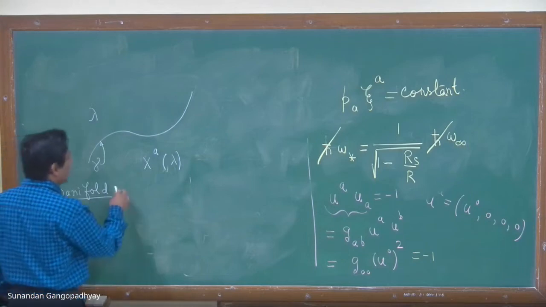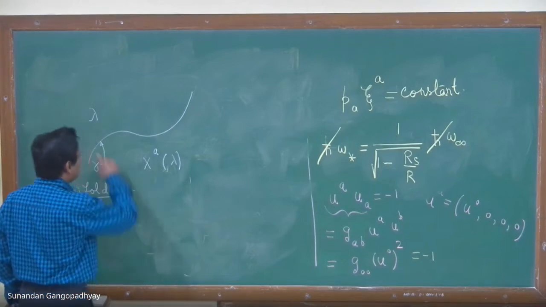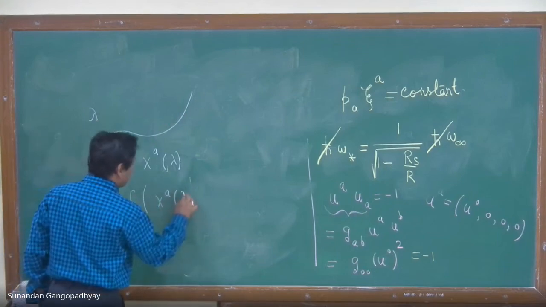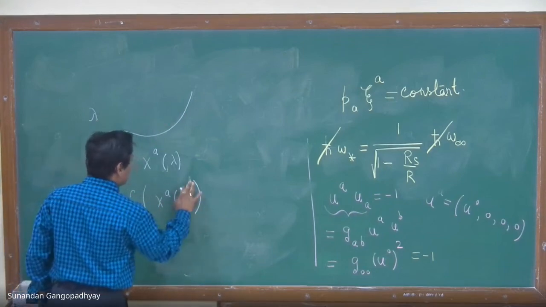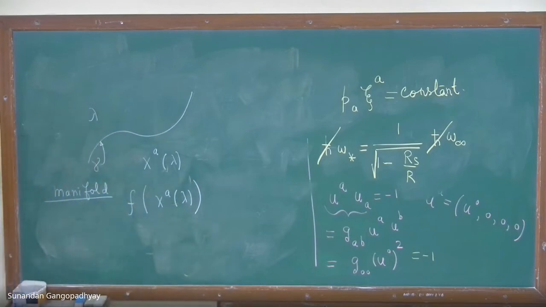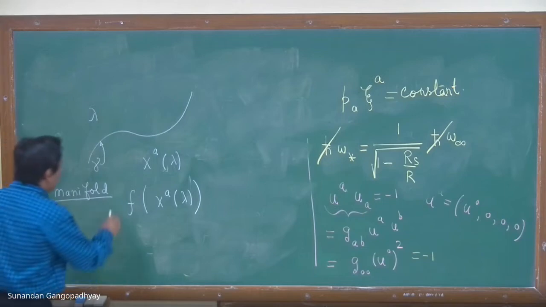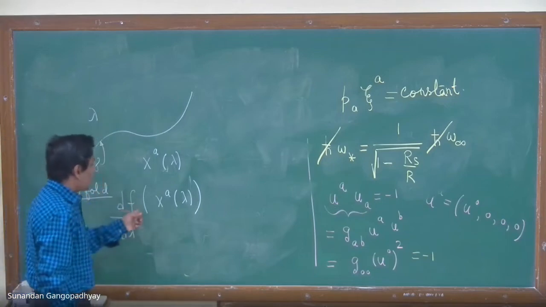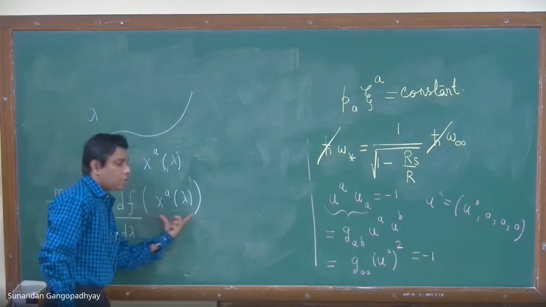And you can define functions of these coordinates defined on this curve like this. What we wish to calculate is the following. This function f is a function of these coordinates.